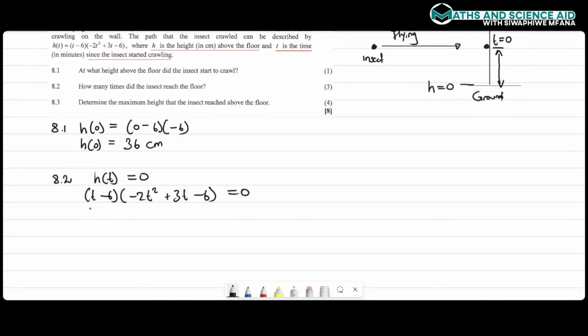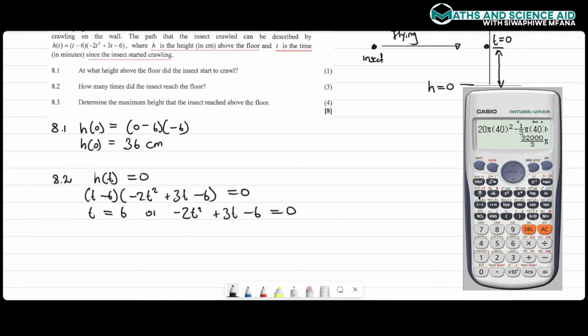Luckily, this is already factorized for us, you see. So we do have t equals 6, and then from the other factor we'll have minus 2t squared plus 3t minus 6 equals 0. Okay, and then let us just use the quadratic formula.